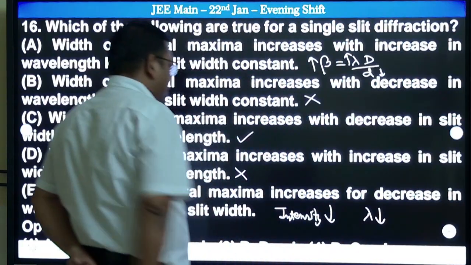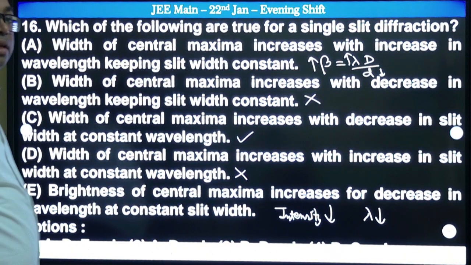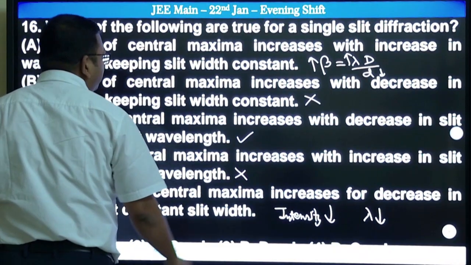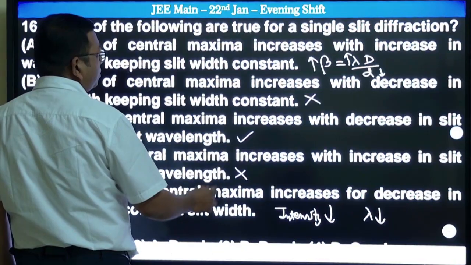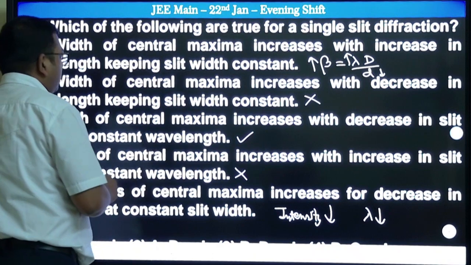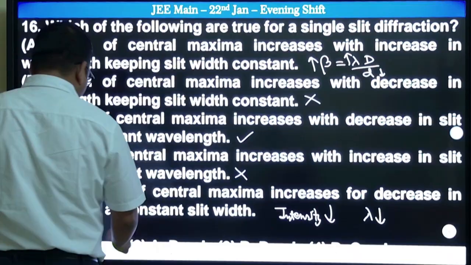Is this statement correct? This is related with single slit. Let us first check what we know to be correct. We know that A and C are correct.